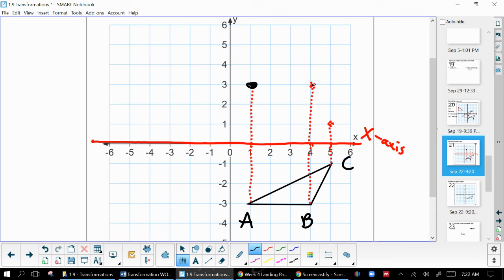Then you can go ahead and put your points in, label them just like before, A prime, B prime and C prime, and draw in your triangle. Now, the other thing that we could do is go across the y-axis.